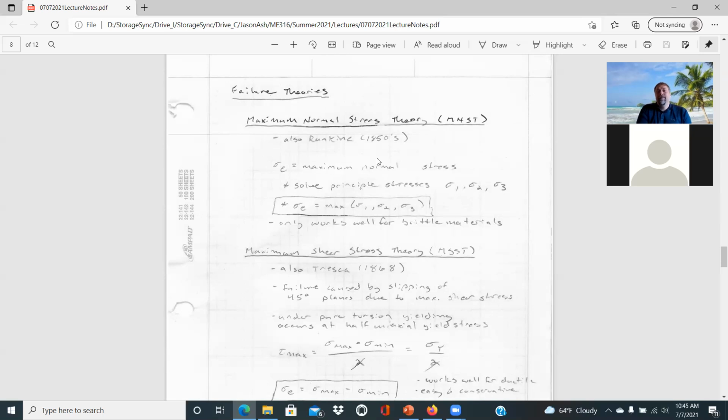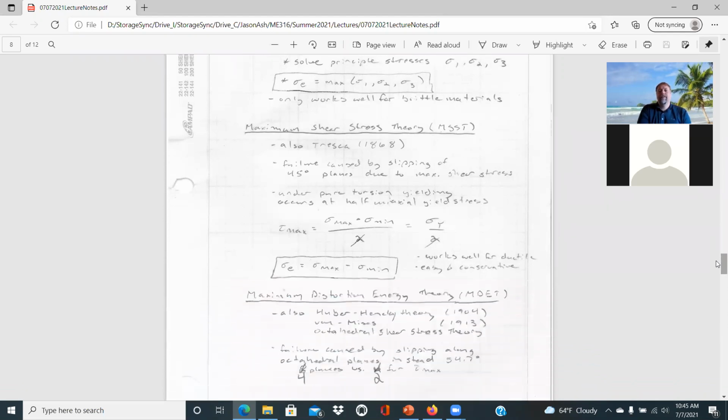But the Coulomb theory was expanded into Coulomb-Mohr theory, the one I was just talking about, and that really works well for brittle materials, more so than the maximum normal stress theory. And so even when you're dealing with brittle materials, you tend to use the Coulomb-Mohr for that. But then dealing with traditional ductile materials here in mechanical engineering, when you're dealing with metals, things like that, they tend to follow better the maximum shear stress theory and maximum distortion energy theory.